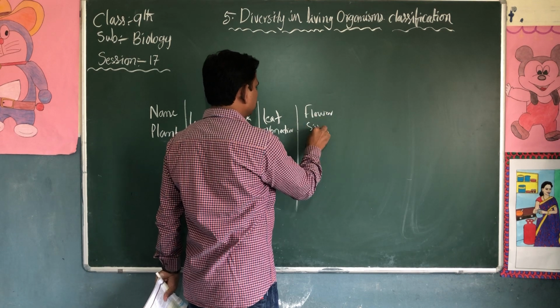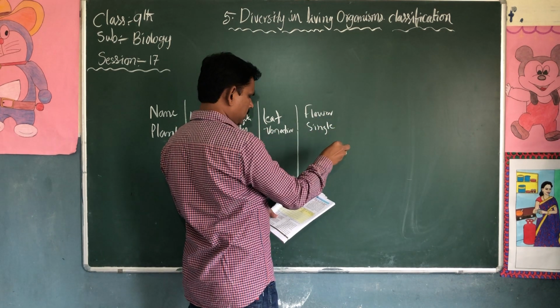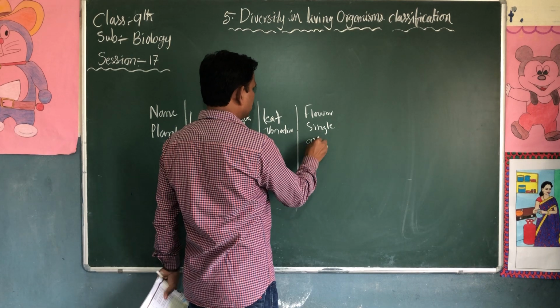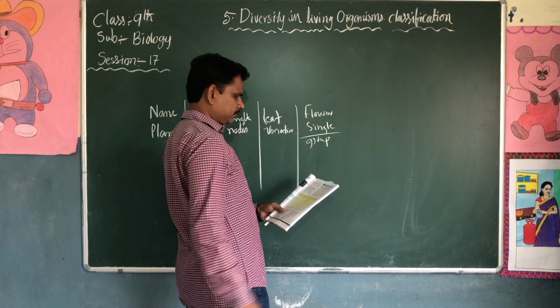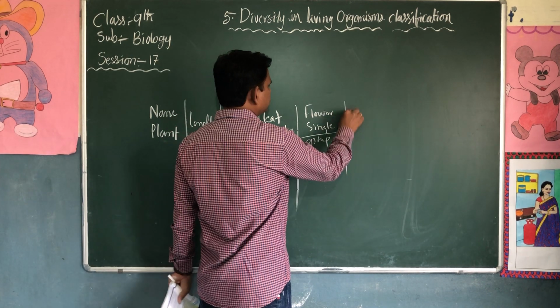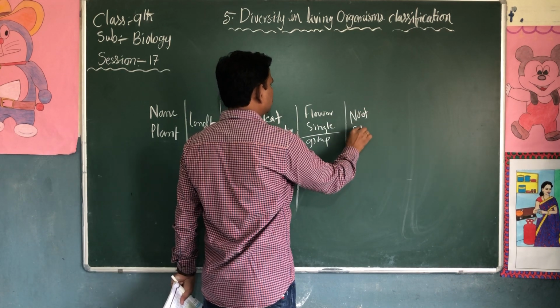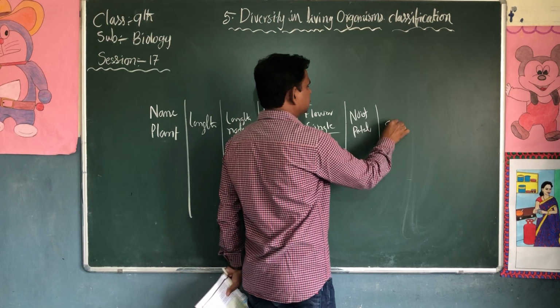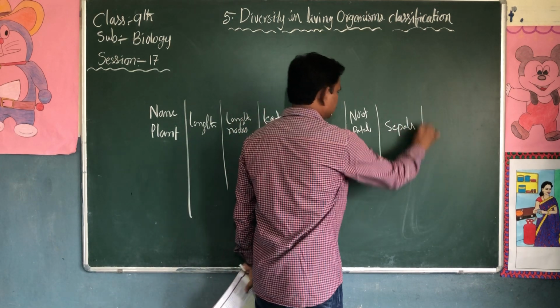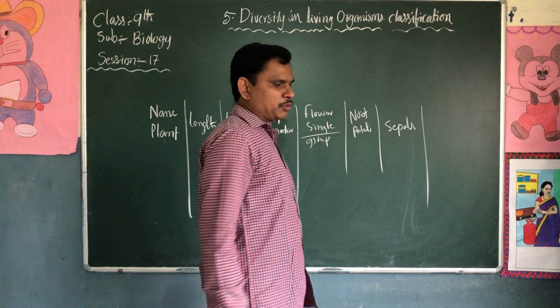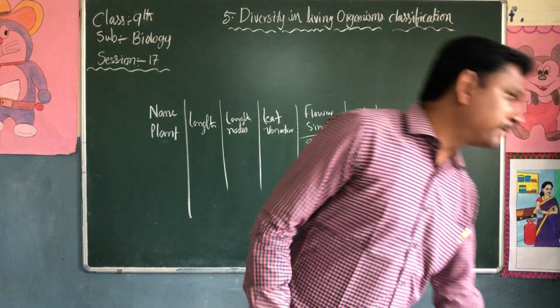flowers single or born in a group, number of petals, number of sepals. The last one is taproot system or fibrous root system.